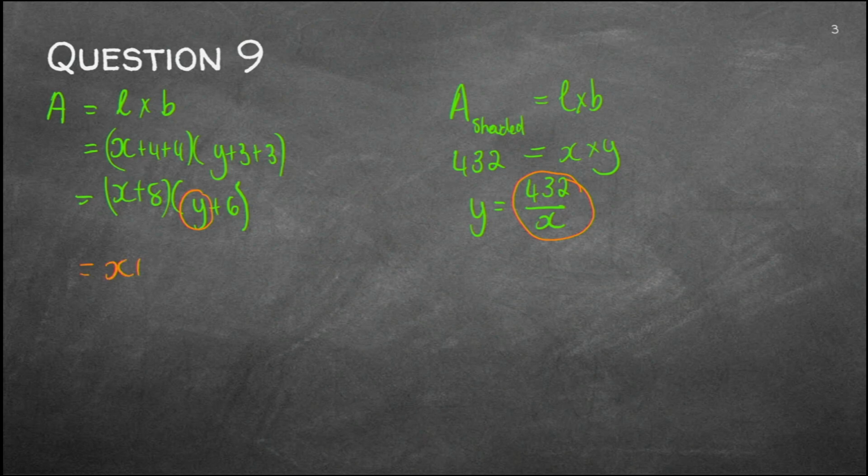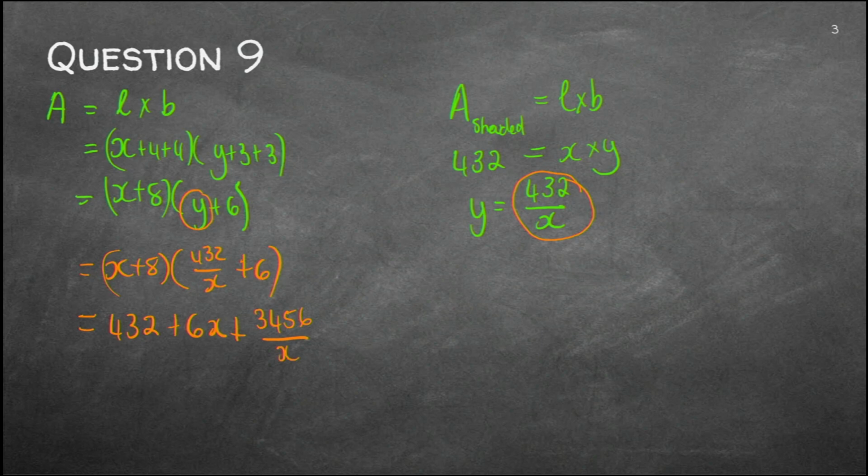So I have X plus 8 multiplied with 432 over X plus 6. Now I need to multiply it and try and simplify. So I'll get 432 plus 6x plus 3,456 over x plus 48.